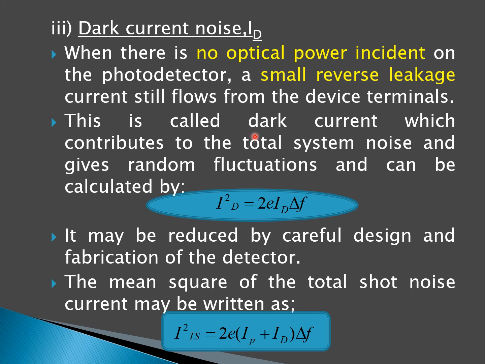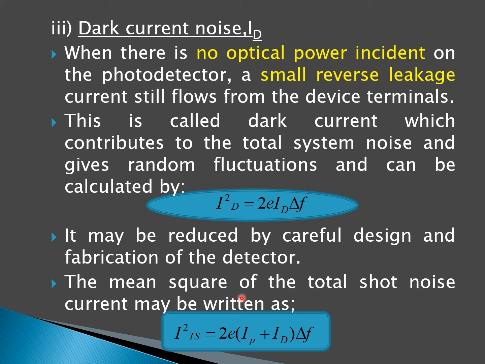The dark current noise will contribute to the total system noise and gives random fluctuation. The mean squared dark current is given by this formula, 2e ID times ΔF. e is the magnitude of the electron charge, ID the dark current, and ΔF is the bandwidth of the receiver. It may be reduced by careful design and fabrication of the detector.